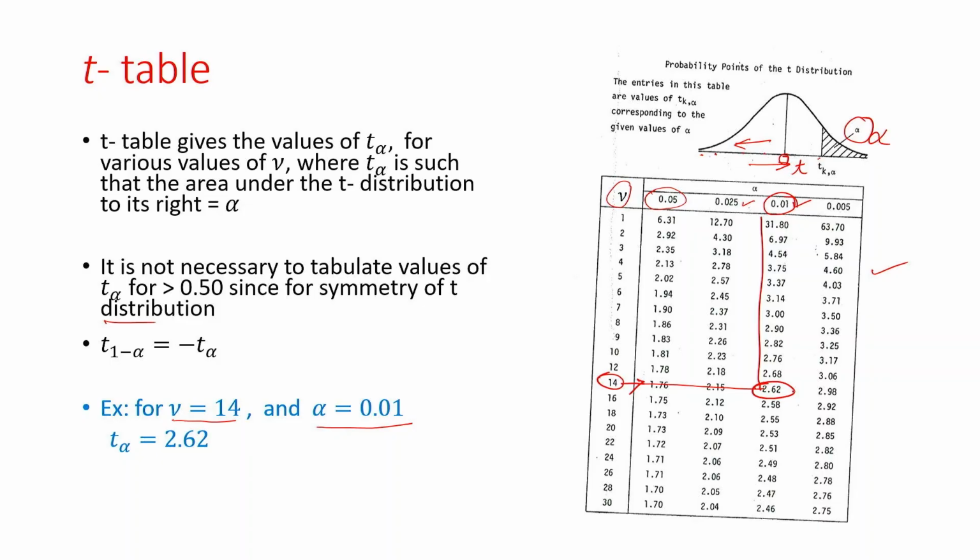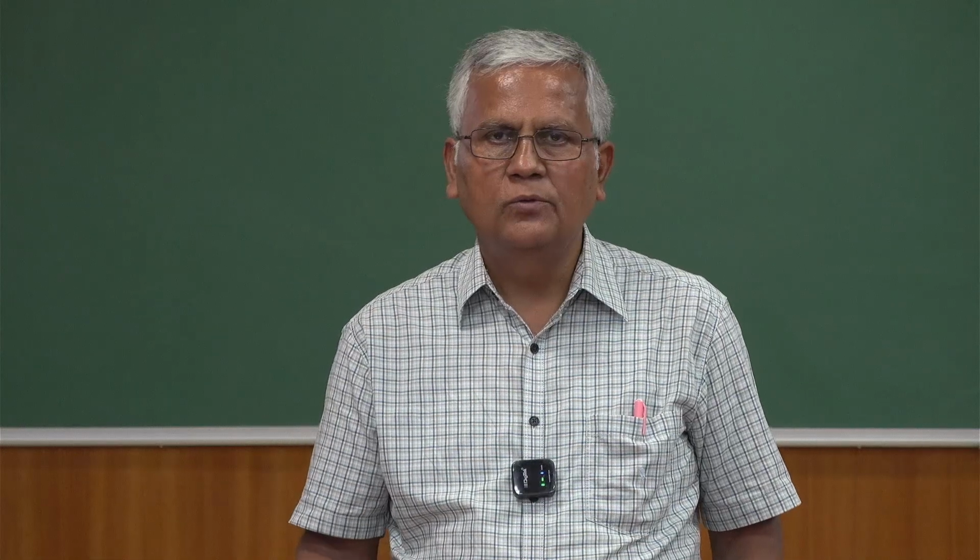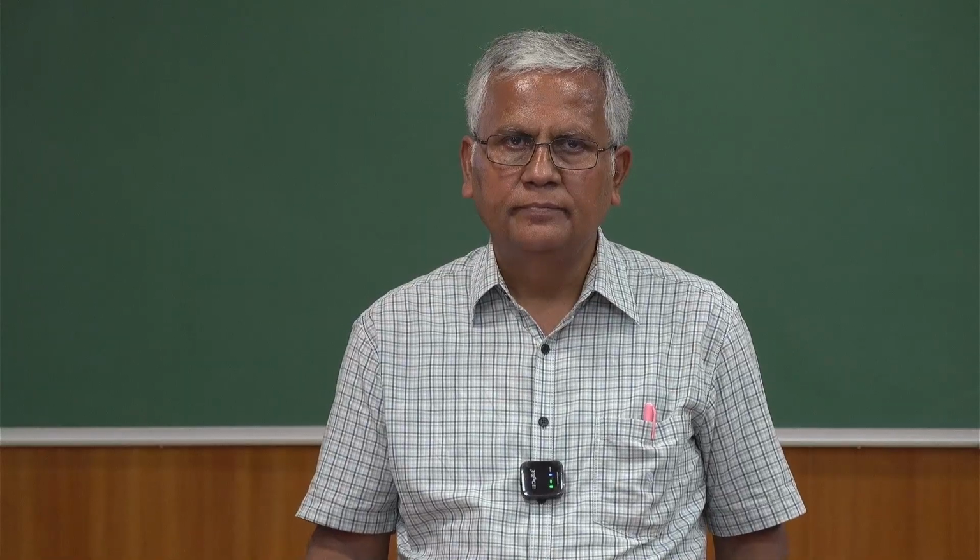The value we get here is 2.62. Therefore, for alpha 0.01 and nu 14, the value of T alpha is going to be 2.62. This is how we have to read the table.